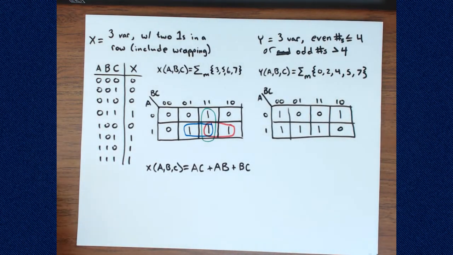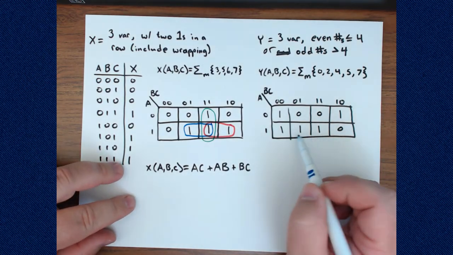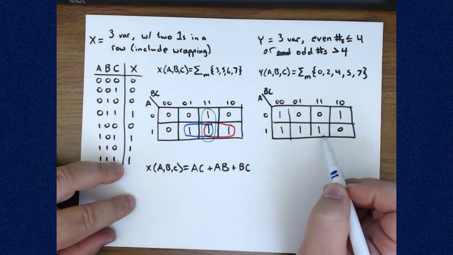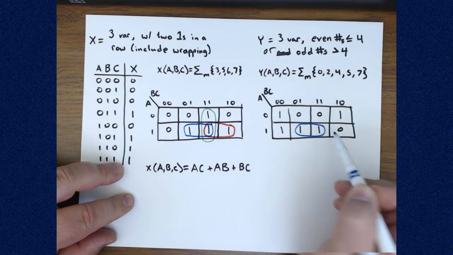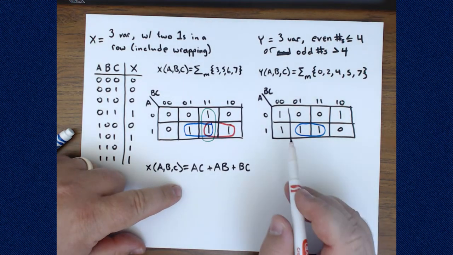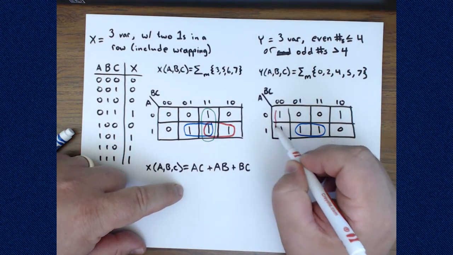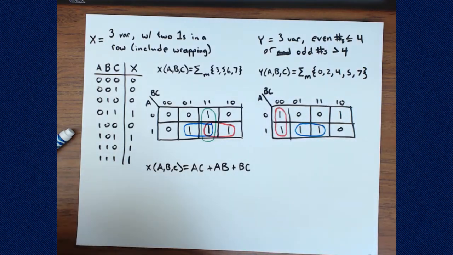All right, now we got to do our looping. I'll start with this one that's sitting right here. Again, I see 3 1s in a row, but I can't put a rectangle around an area of 3, so I'll have to stick to 2. There's 2. That's pretty good. Now, I can do this as a column. That's good. So there's 2 loops.